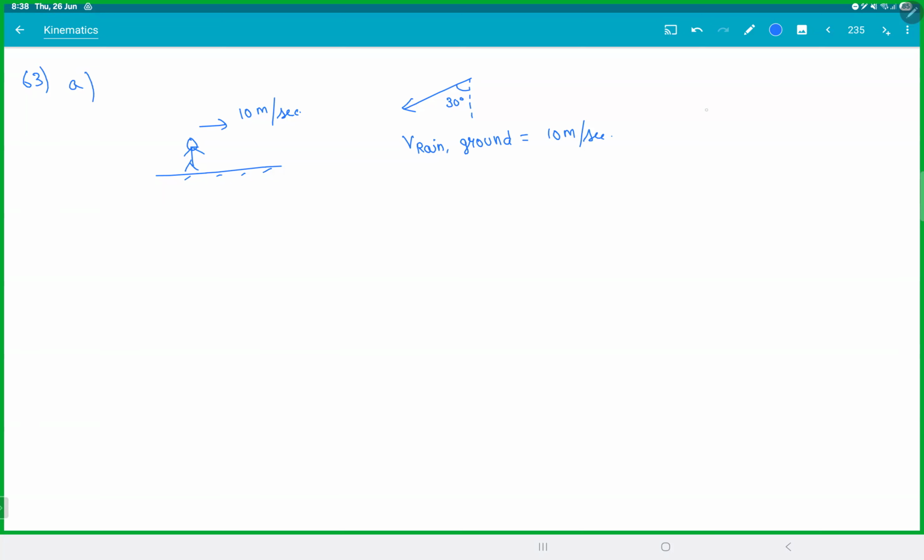The question is, find the angle made by the rain as seen by the man, with respect to the vertical.